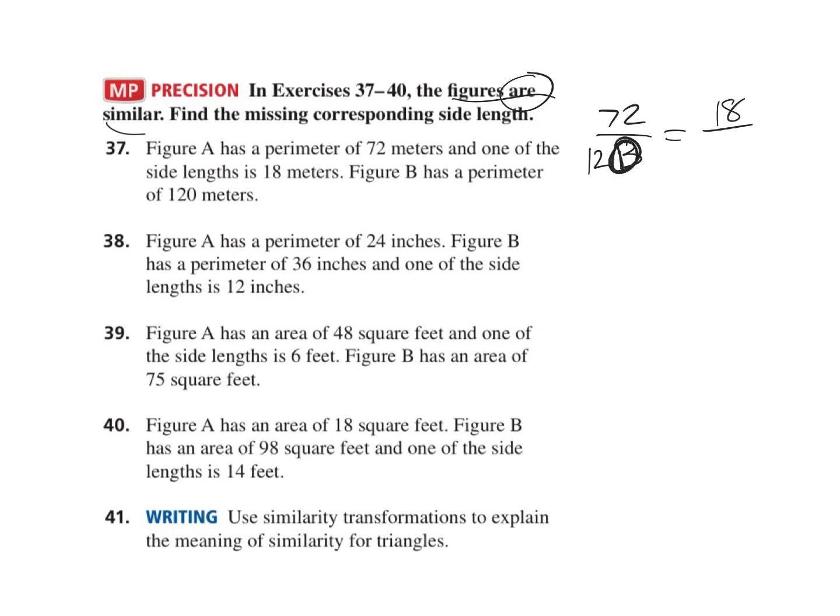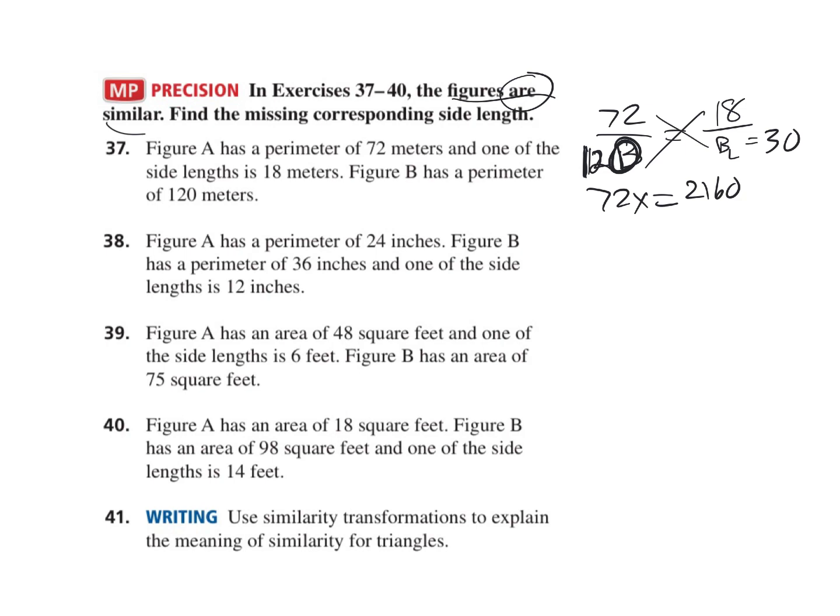So what we don't know is the side length of figure B. Now we set the perimeters to each other and the side lengths to each other and figure it out. So that's 72x and 120 times 18, and that gives us 2160. So divide that by 72, and the side length should be 30.